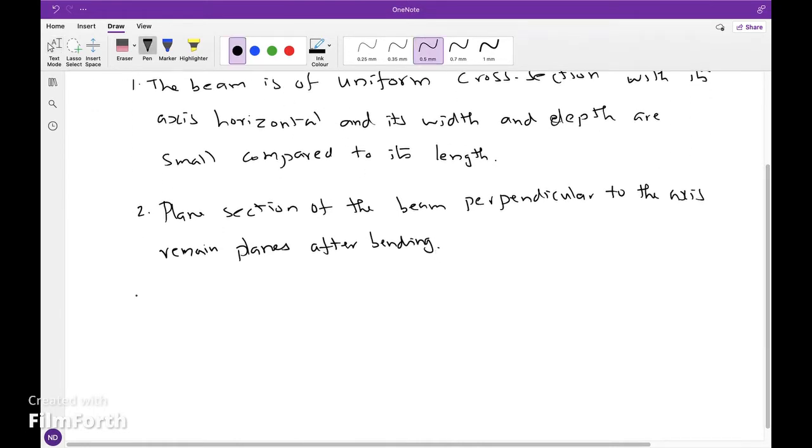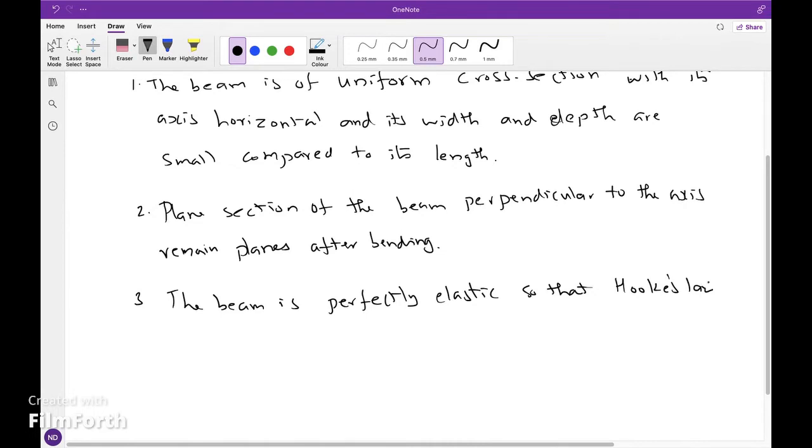Point 3: the beam is perfectly elastic so that Hooke's law is obeyed. Thus, stress per unit of any fiber of the beam is proportional to the stretch per unit length.